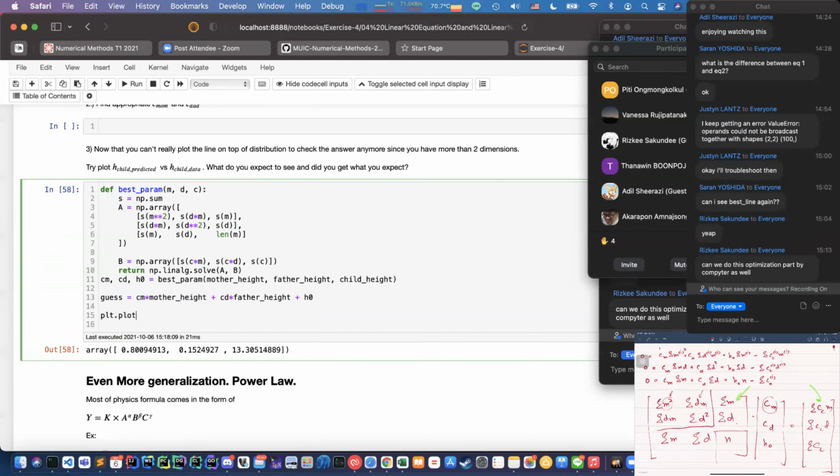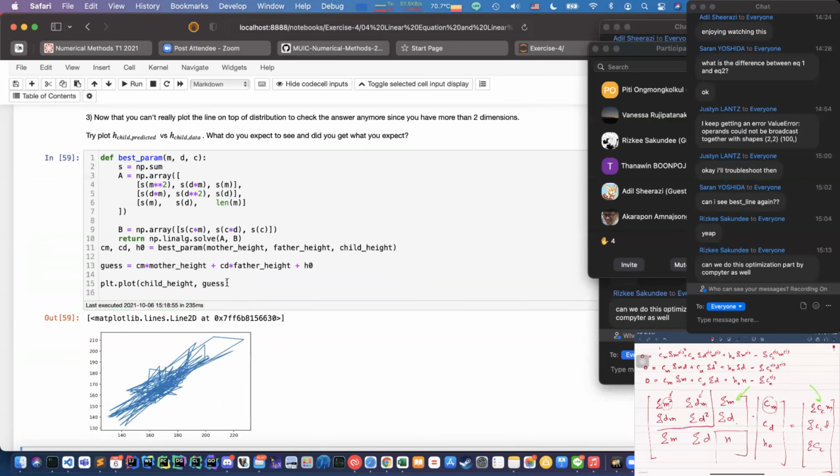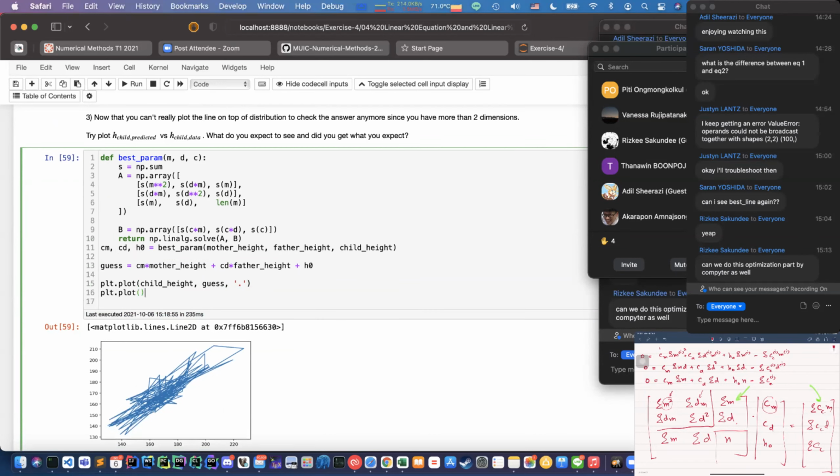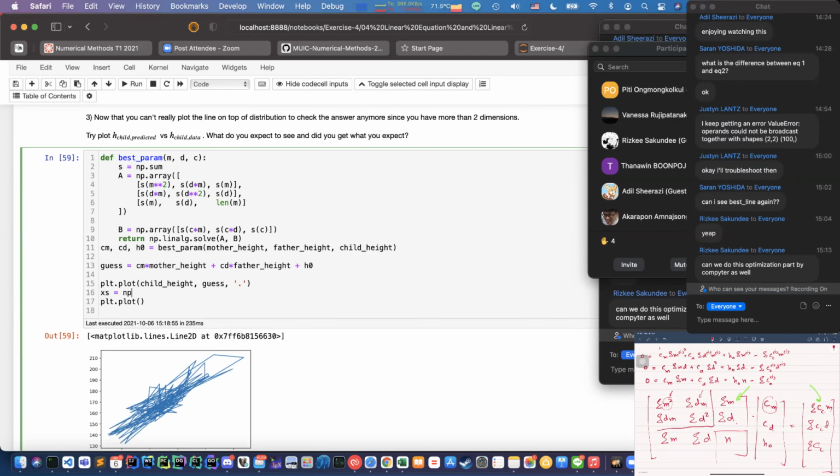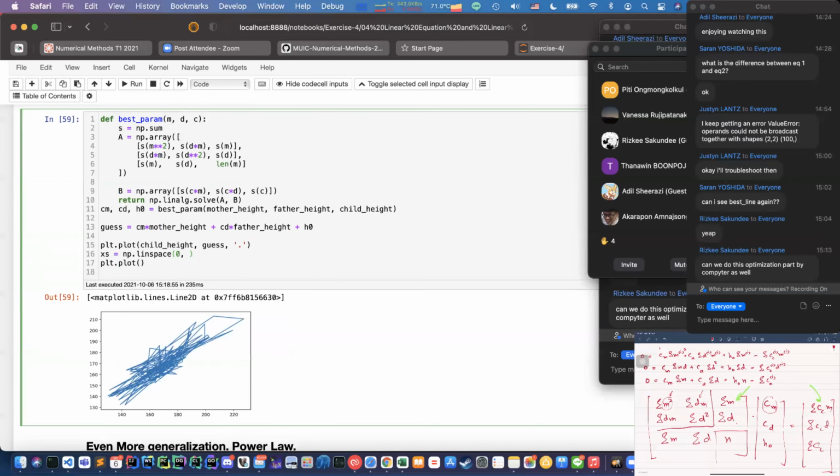Okay, and here you will quickly repeat the space: 0, 0, and then 100, 200, 230.